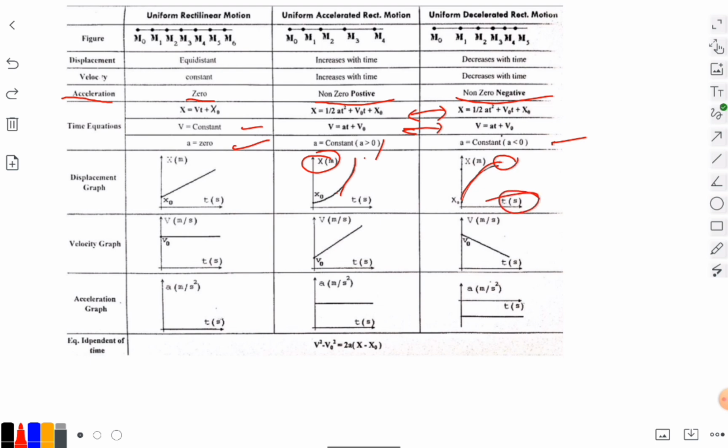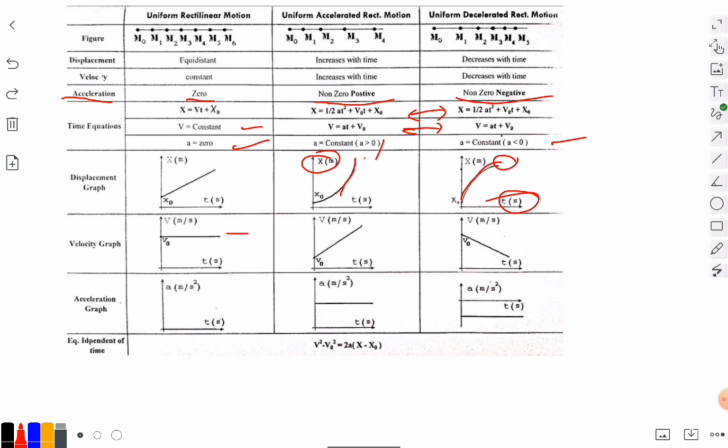The velocity in uniform rectilinear motion is constant, so the graph is a horizontal constant line like this. In uniform accelerated rectilinear motion, the graph of velocity is a straight line increasing, while in uniform decelerated rectilinear motion it is a straight line decreasing.